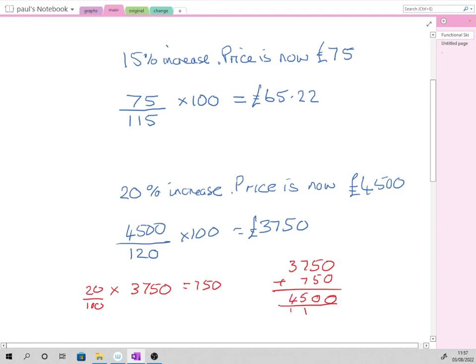See? So this is a way of finding out what the original price is. Take the price, divide it by, in this case, 120 because it's being increased, and multiply it by 100 and you'll get the answer there.